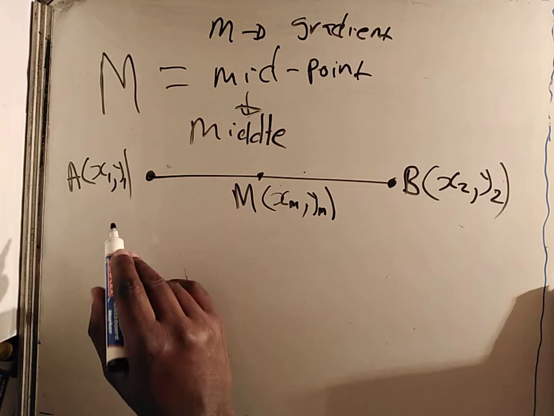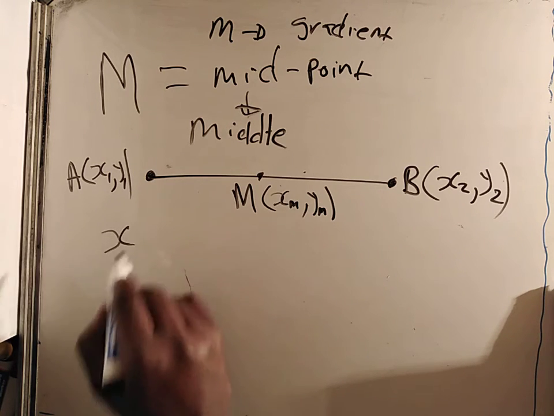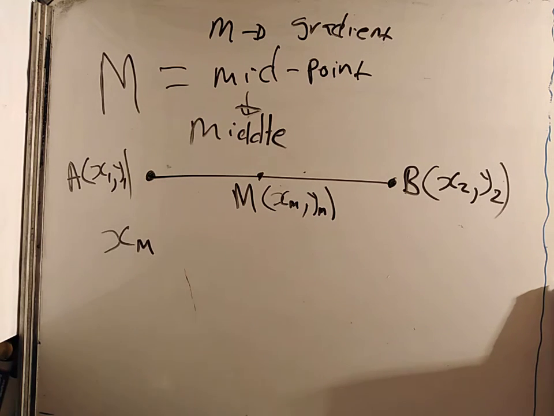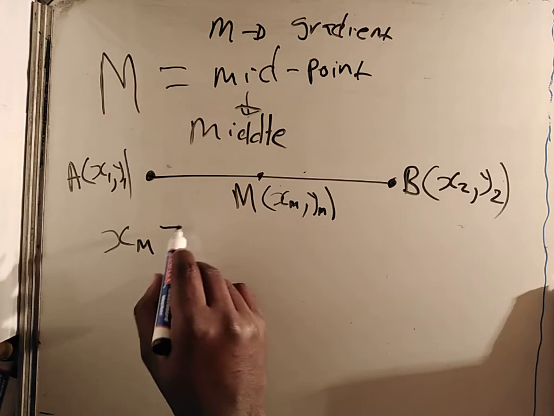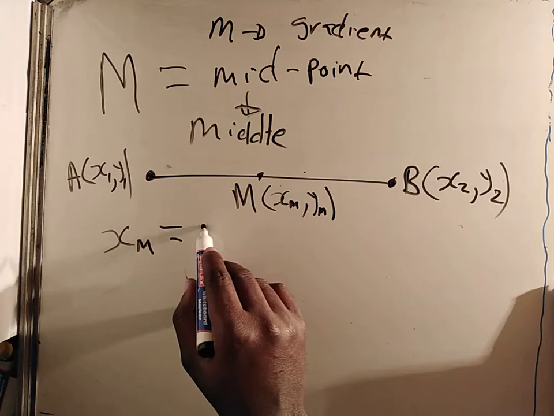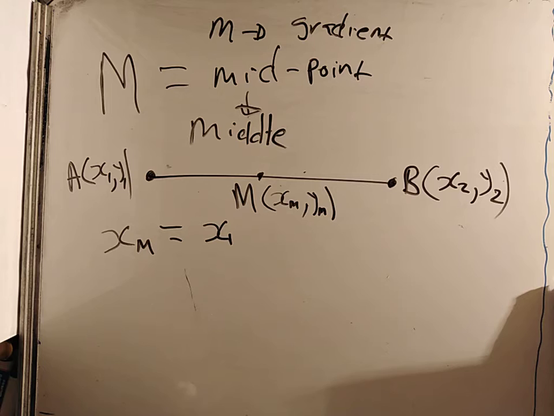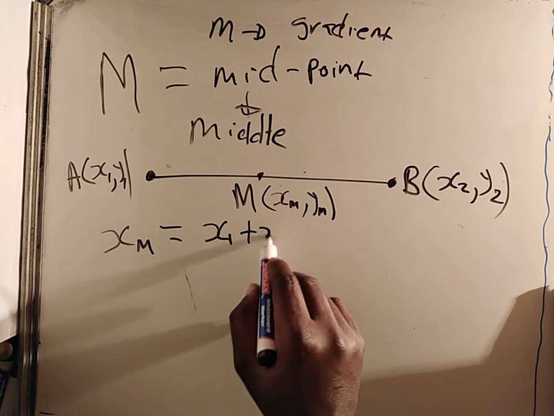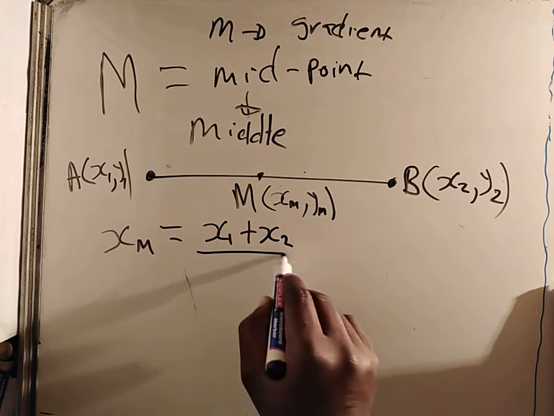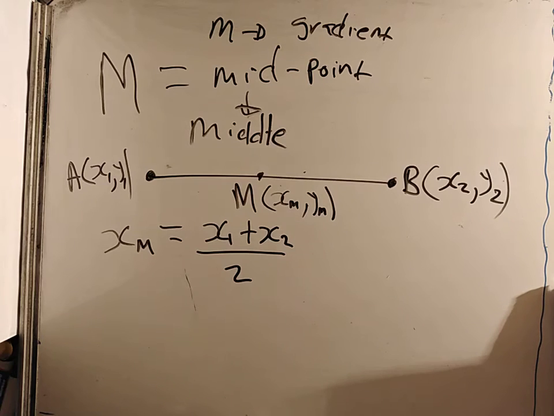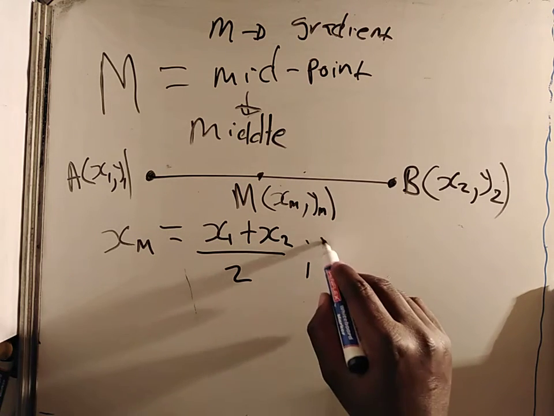So the x of the midpoint, how do you find it? You find the x of the midpoint by saying x1 plus x2, and then you just divide by 2, and that's it. And then how do you find the y of a midpoint?